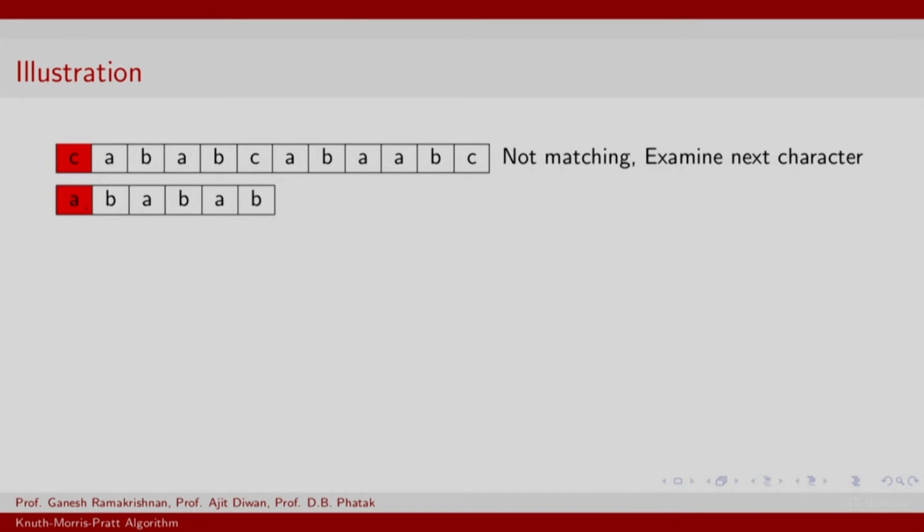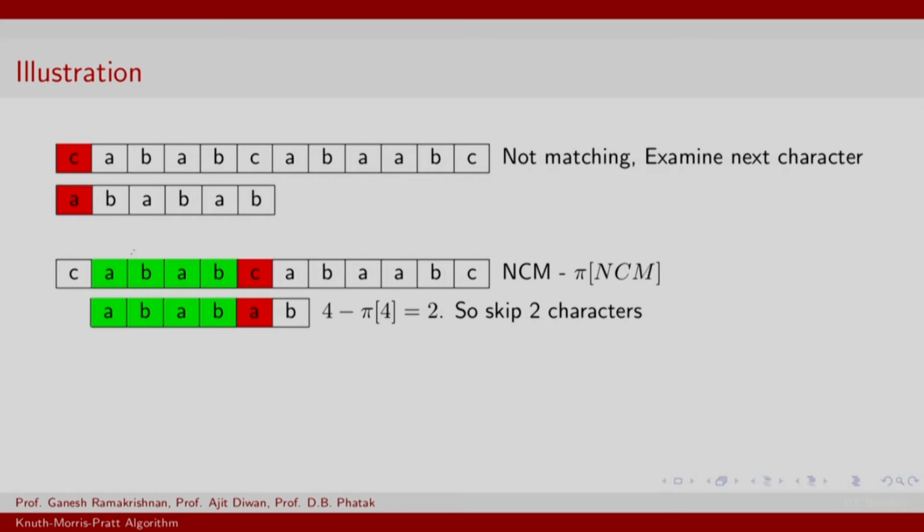So we start with A and C, there is no matching, we can proceed. We are only interested in looking up pi when there is some partial match. So yes, starting at the next character we do find some partial match until we hit C and A, which don't match. So in all we have 4 positions. What we are going to do now is decide if we need to skip and how much we need to skip.